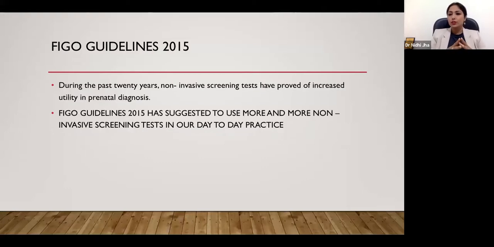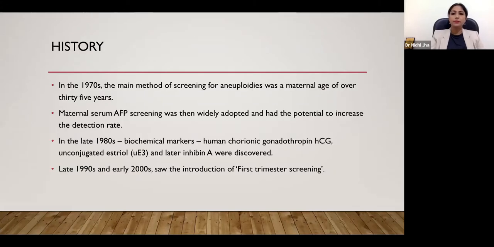FIGO Guidelines 2015: during the past 20 years, non-invasive screening tests have proven of increased utility in prenatal diagnosis. FIGO Guidelines 2015 has suggested using more and more non-invasive screening tests in our day-to-day practice. That's where NIPT comes in.